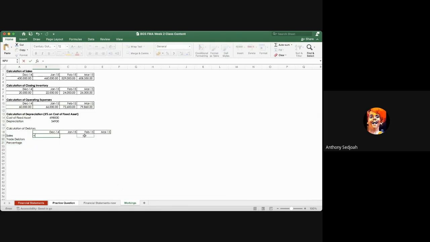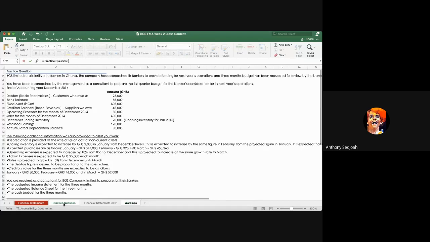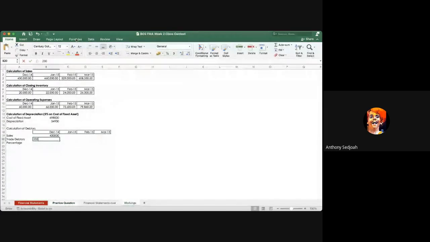In December 2014, sales is 400,000, debtors is 23,000.